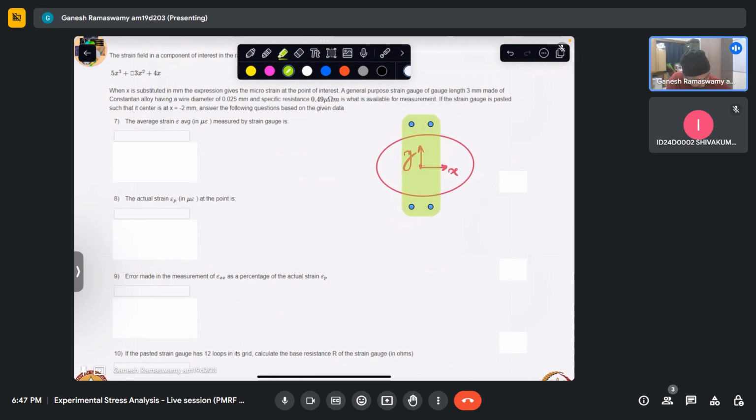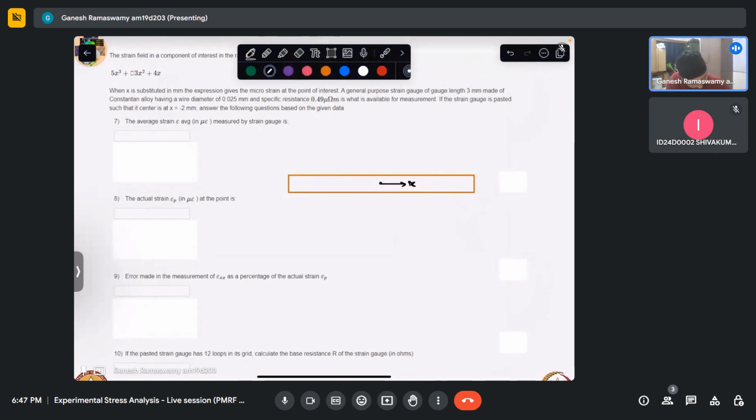So let this be minus 5 and 5, or rather, I took a poor example. Let me take a simpler example. Let me take a beam, which is simpler to elucidate the point. Let this be the x-axis.